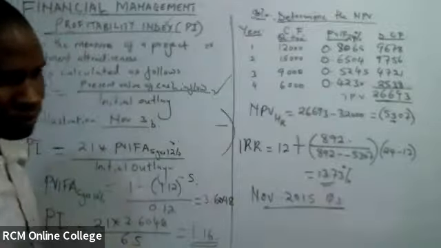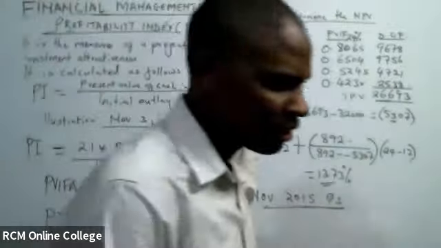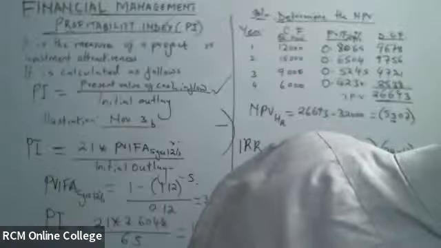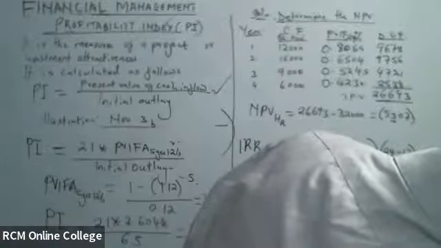Decision rule. Does it mean the cash flow for each year is 21? Thank you for asking, Monica.